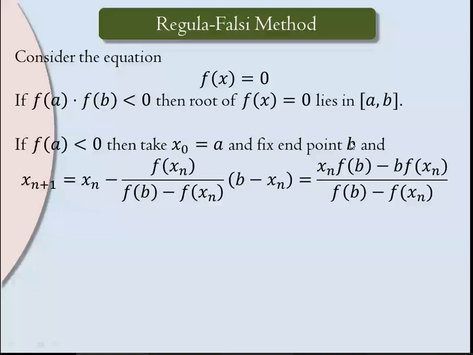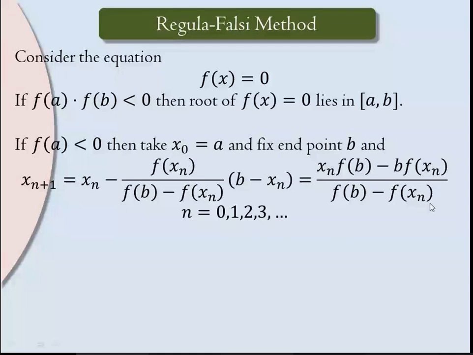When f of a is less than 0, we fix the point b. And if we simplify this formula, if we multiply here and simplify it, we get this formula. So you can remember either this formula or this formula: x n into f of b minus b into f of x n divided by f of b minus f of x n.